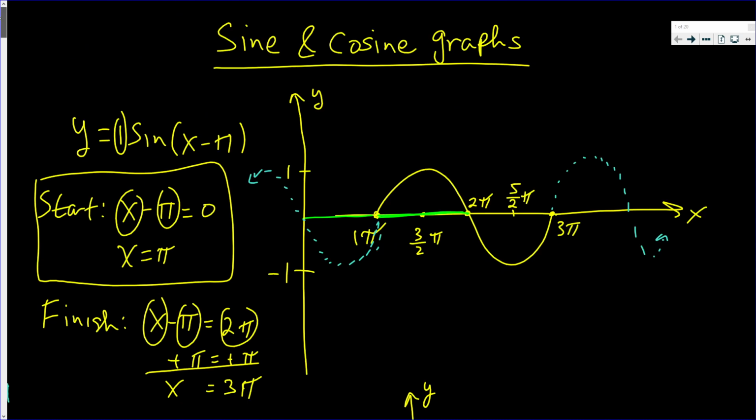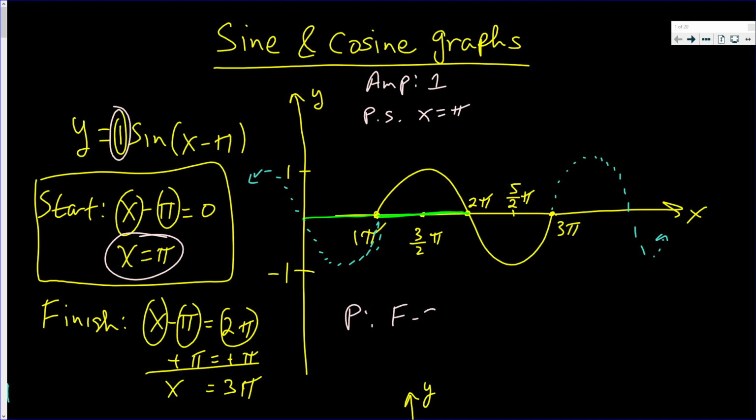We can go back to the earlier graphs and do this as well. The amplitude is the absolute value of that number, which is 1. The phase shift is where it starts, x equals pi, and the period is the finish minus the start.